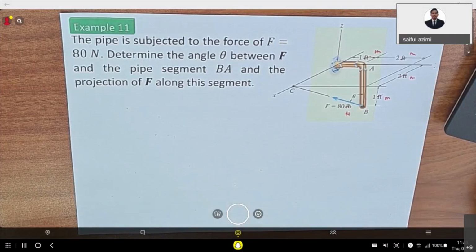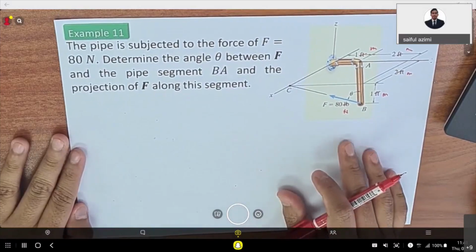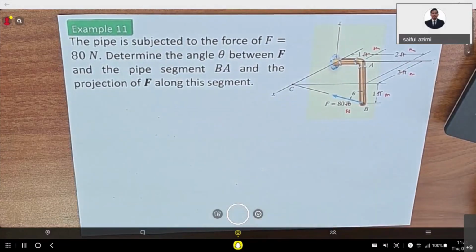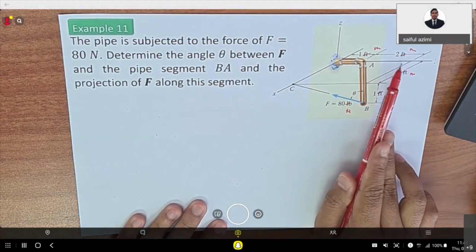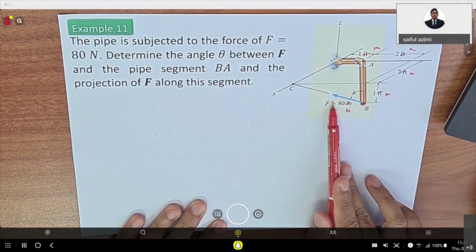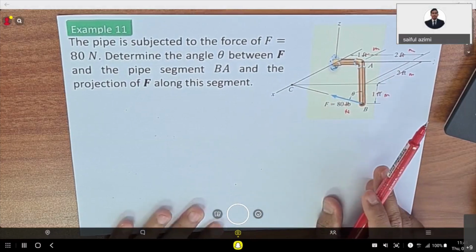So first, we need to find the position vector from B to A and B to C. Basically what you have learned last class is how to find the force vector, because the positions are already given, so you can find the vector easily.